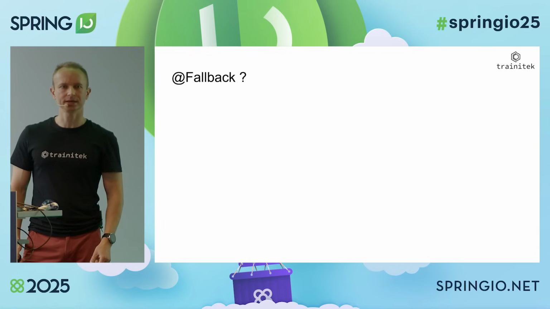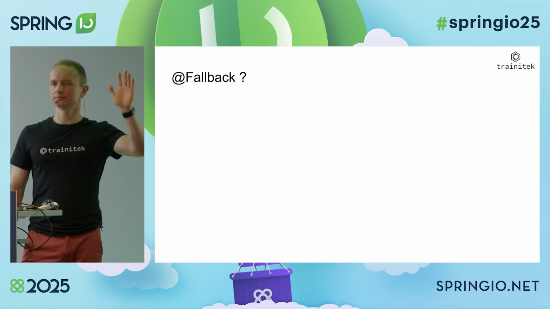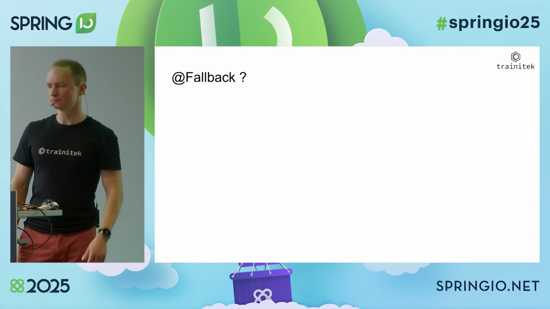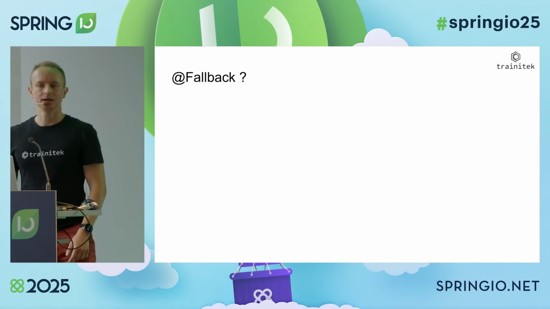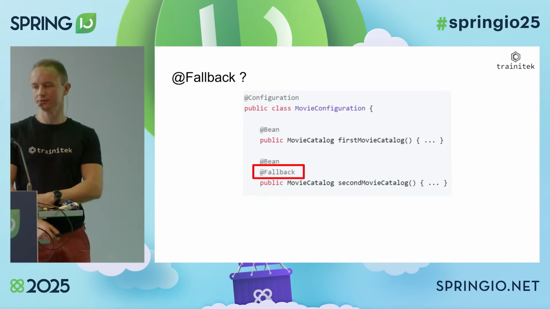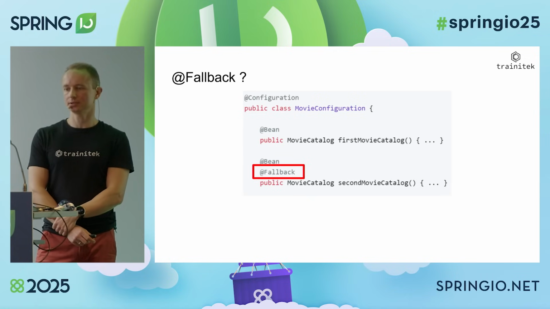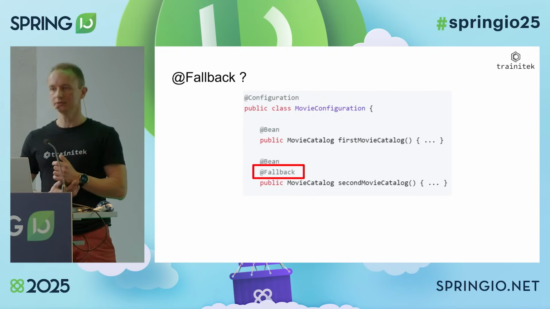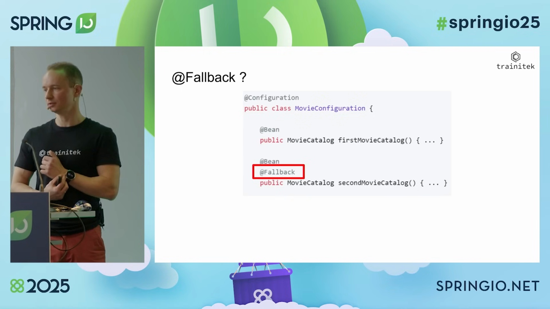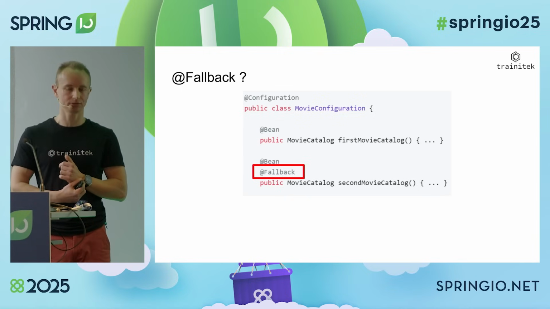Have you heard about the fallback annotation? Just some of you, because it's a pretty new one. The idea is that you can use a fallback annotation, and Spring will instantiate that bean if no other bean is found in the application context.